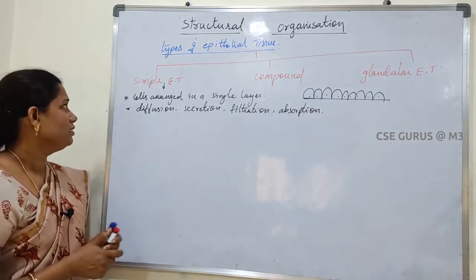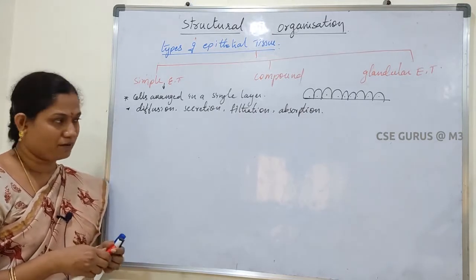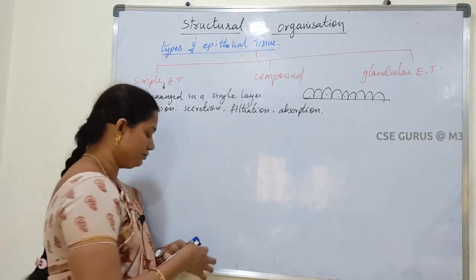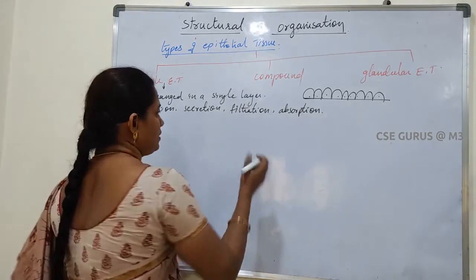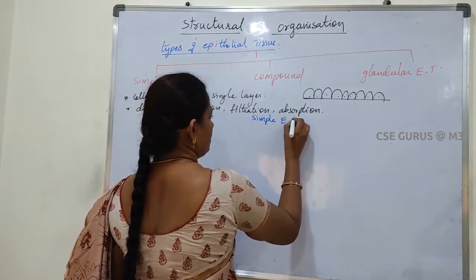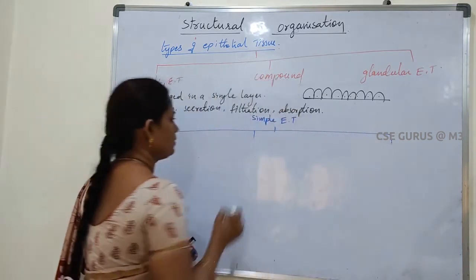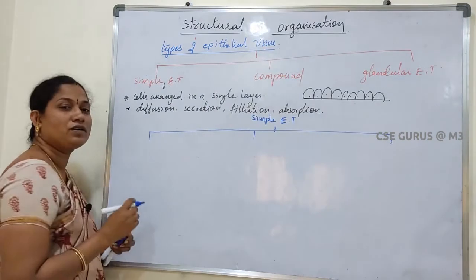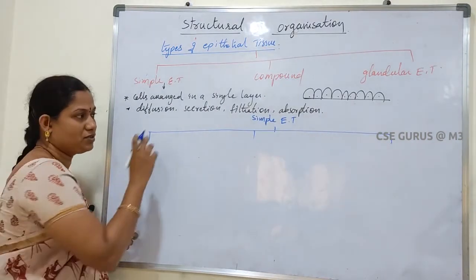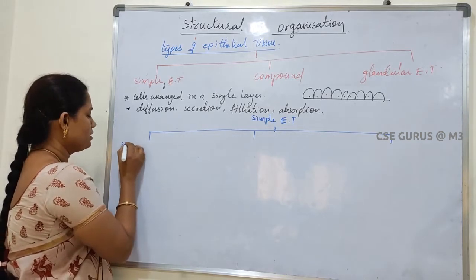Next, the simple epithelial tissue again divides into different types. Simple epithelial tissue can be divided into three types based on the shape of the cells.